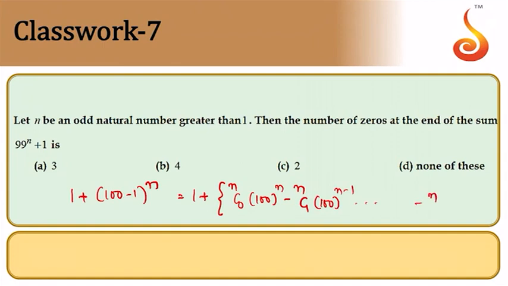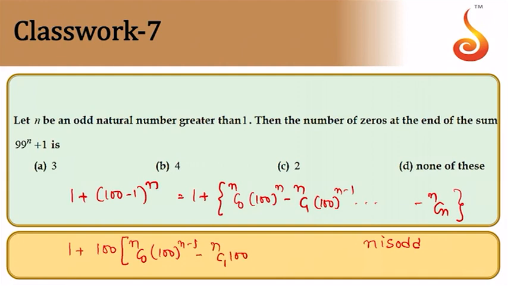So this can again be written as 1 plus, within the bracket, nC0 100 to the power n minus nC1 100 to the power n minus 1 and so on minus nCn. Because n is odd, so 100 you can take out.